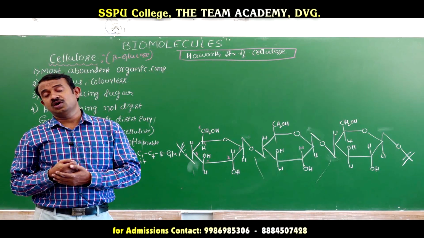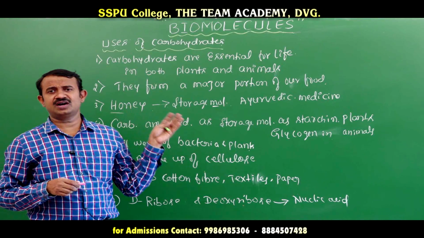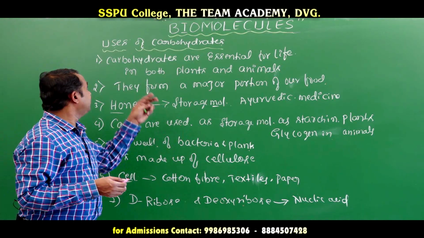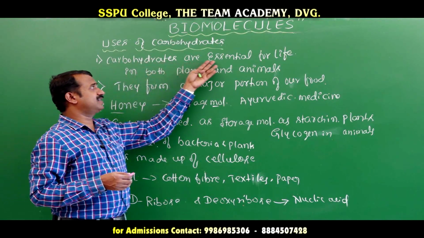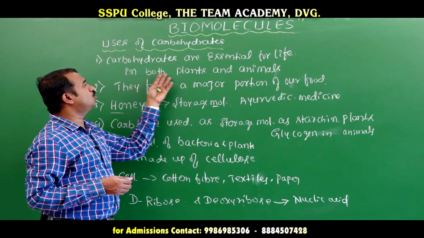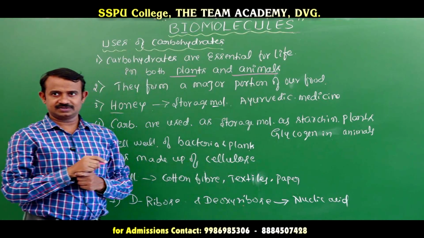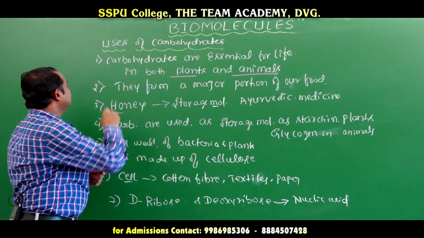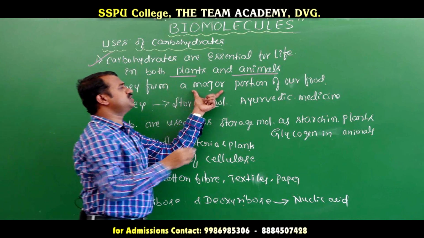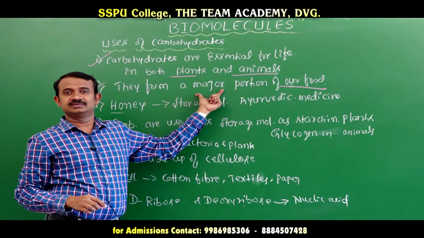Next we will go for the uses of carbohydrates. What is the application of carbohydrates? What is the importance of carbohydrates? Generally, carbohydrates are essential for life in both plants and animals. Okay, this is the first one. Second, they form a major portion of our food.